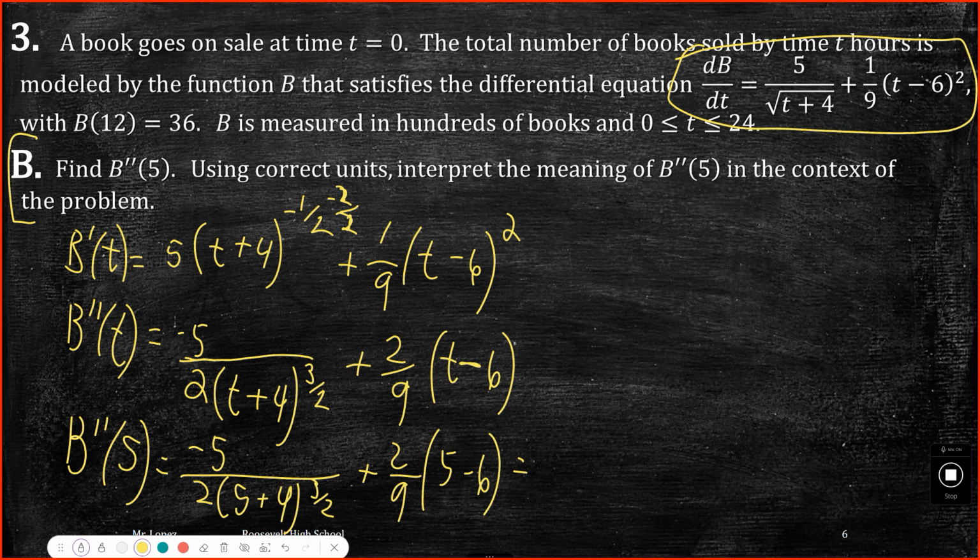Square root of 9 is 3. 3 to the third power is 27, times 2 is 54. So negative 5 over 54. And then negative 5 minus 6 is negative 1, so negative 2 over 9. In common denominator, 9 times 6 is 54. Now we have negative 5 minus 12. Negative 5 minus 12 is negative 17.